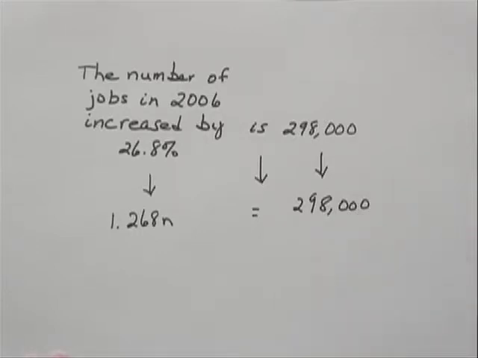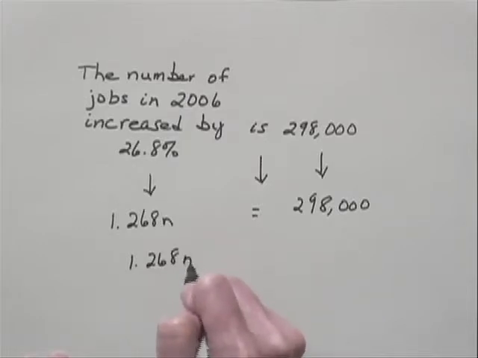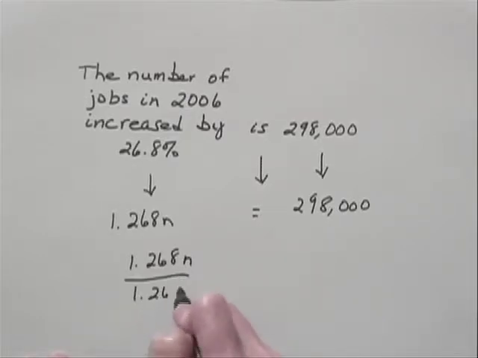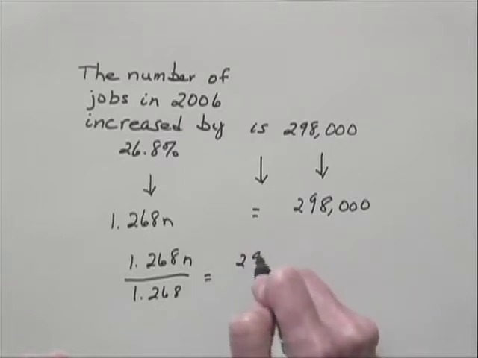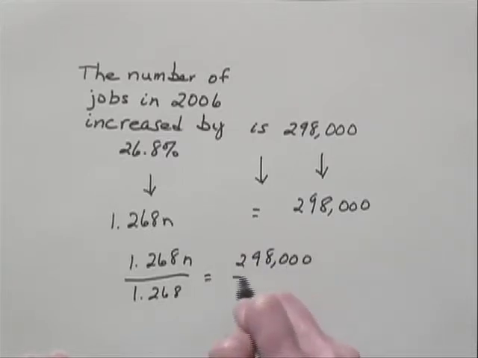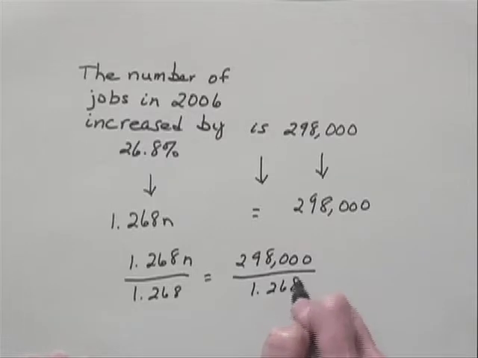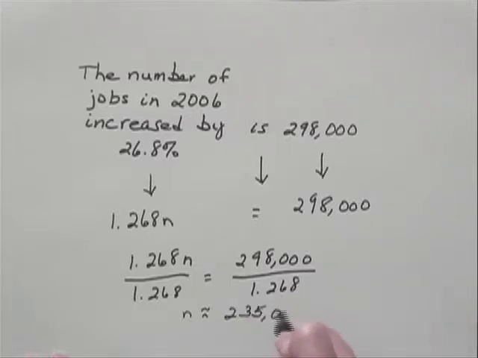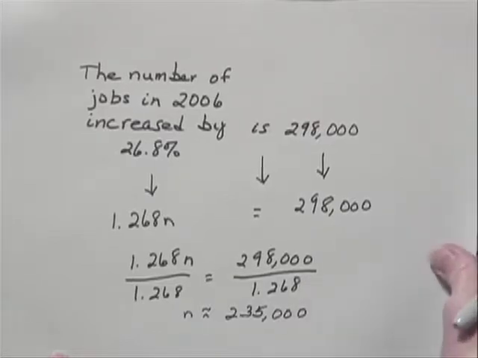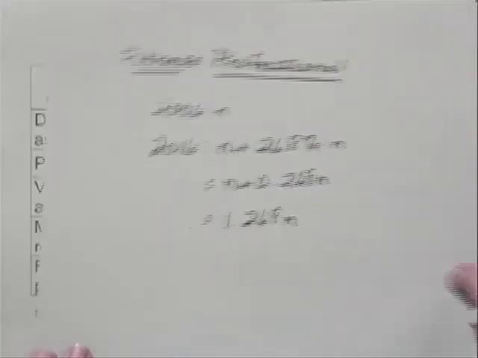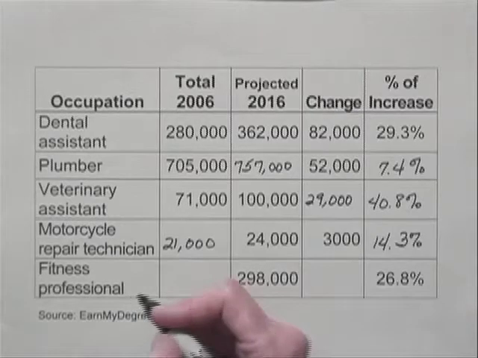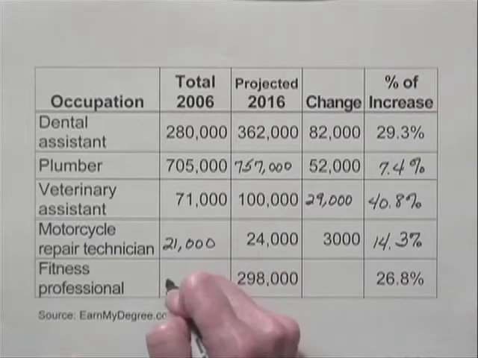Now we can divide both sides of this by 1.268. And when we do this, we have N is approximately equal to this quotient, which is about 235,000. So this is the number of jobs in 2006.